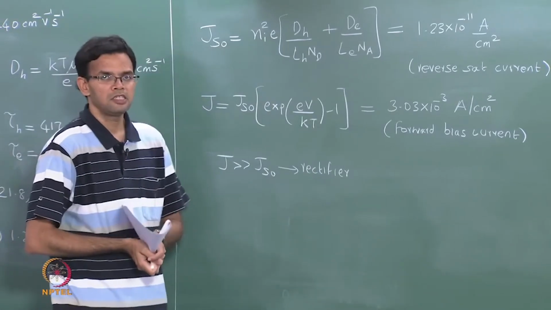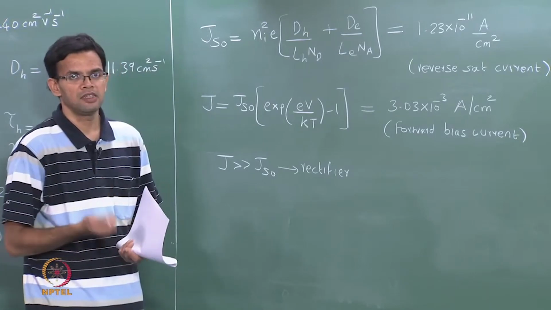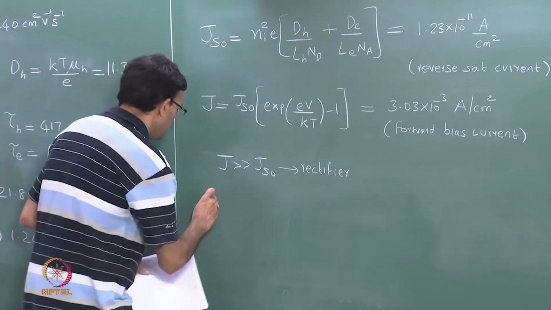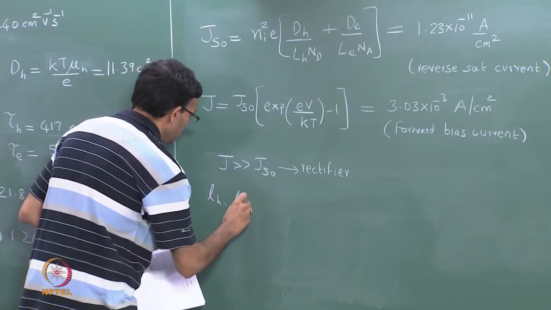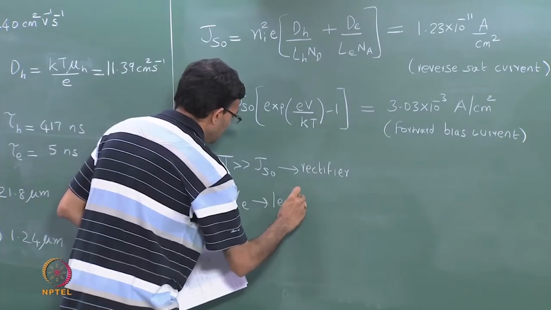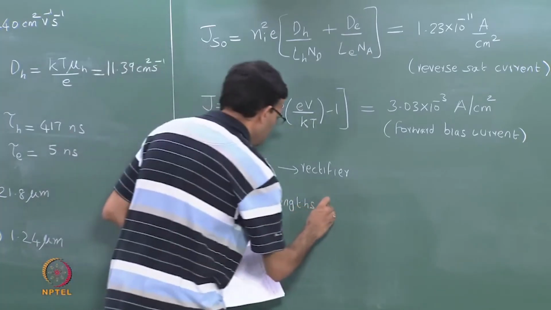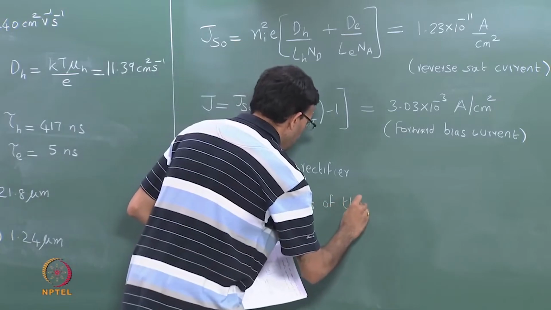In these calculations, we have assumed that the length of the device is larger than the diffusion length. So let LH and LE be the lengths. So this refers to the physical lengths of the P and N side.